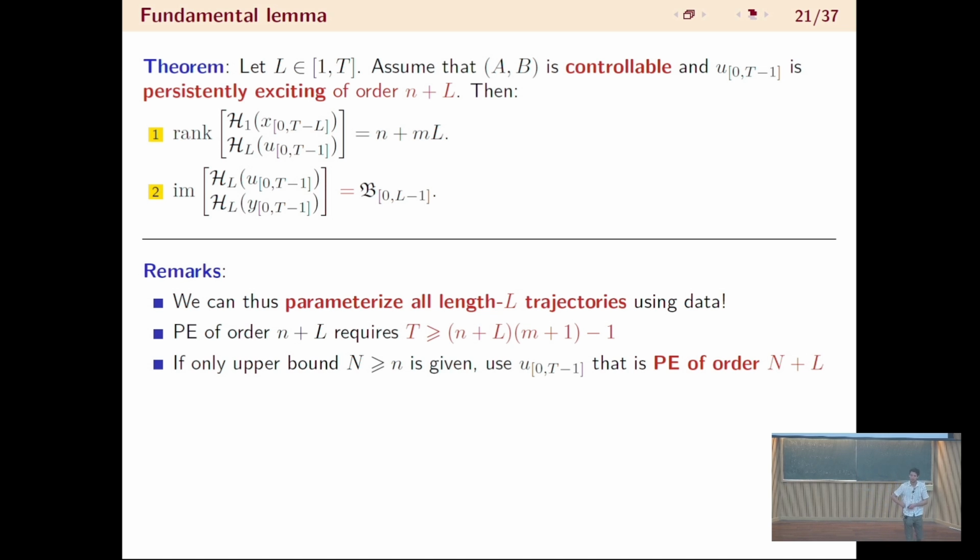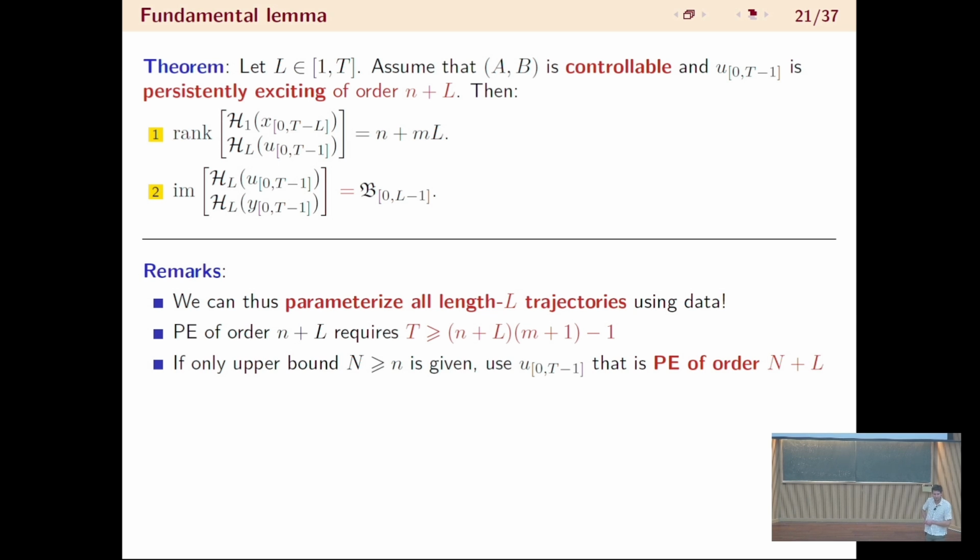Sorry? Are we allowed to choose it? In principle, yes, but of course the persistency of excitation condition depends also on L. You defined persistently exciting for a signal when you started. So this definition is similar, but you are specifying the order.